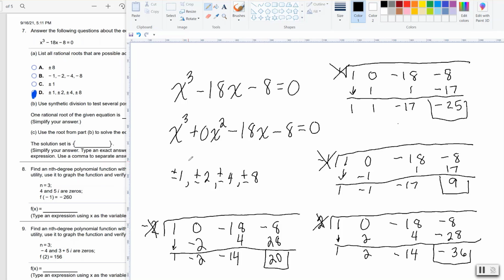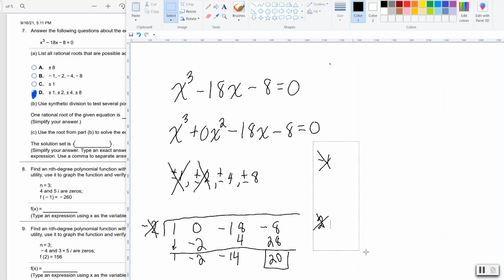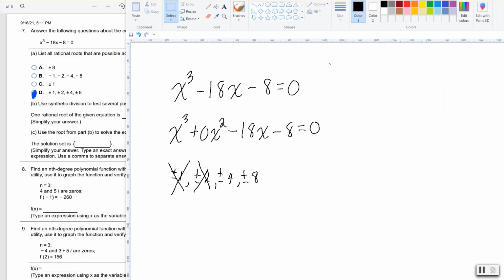So I've tested positive and negative 1 and positive and negative 2. And I know that none of those resulted in a remainder of 0, therefore none of them were rational roots. So I will continue with the 4. 4 on the outside, 1, 0, negative 18, and negative 8.